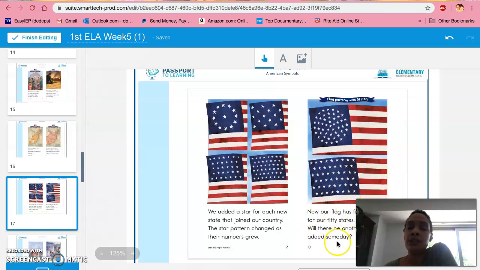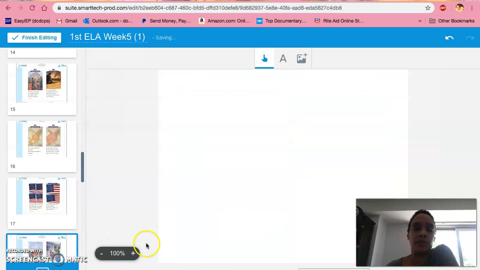So if a new state is added, that means we will have how many stars? Well, we have 50 states now. If we add one more state and have 51 states, how many stars would we have? We would have 51 stars. But right now, as of today, we have 50 stars.